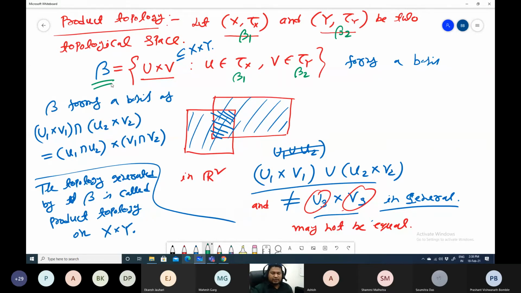But this is not a definition, right? The definition is this one which I wrote in red color, and the other which I wrote in green color. You have to prove that. Now how to prove that?